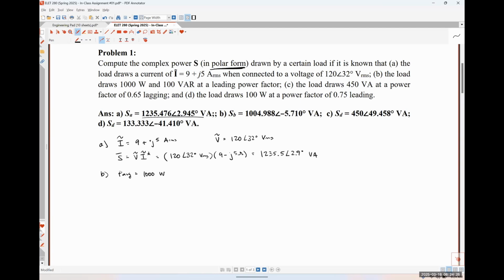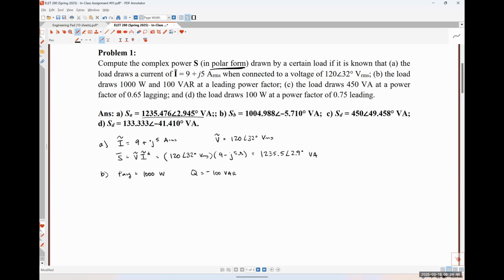Q, okay. So we're going to have Q equal to 100 VAR. But I just told you a moment ago that this is a capacitive load, essentially. So should Q be positive or negative? Negative. So we're going to put a negative sign out front here.